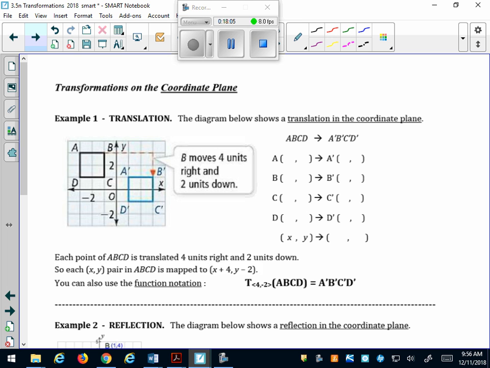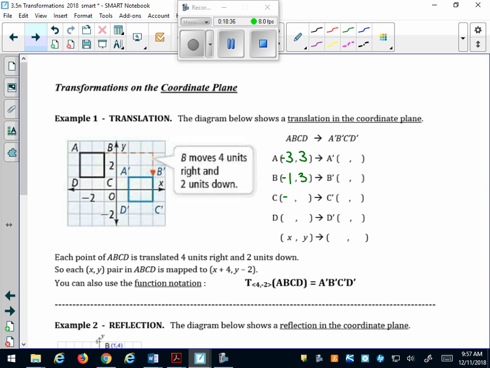The locations would be very hard to describe if you didn't have some sort of numbering system for describing the locations. Okay, so we're gonna put our coordinates here of points A, B, C, and D. So point A is at the point -3, 3. Point B is at the point what? -1, 3.